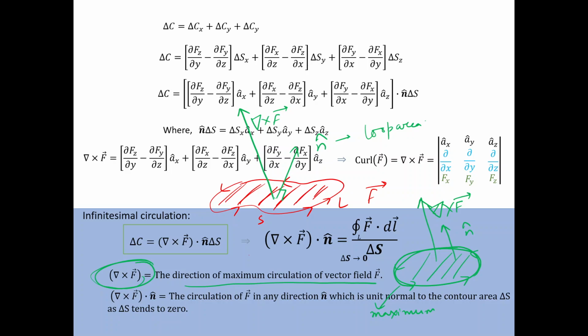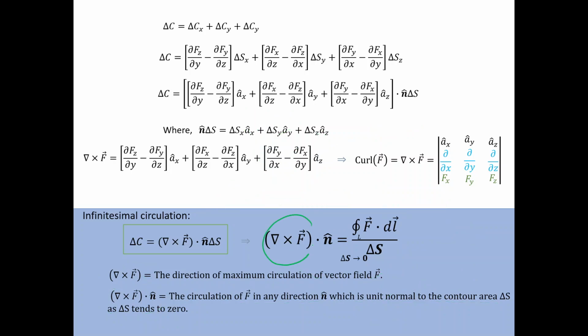In order to find out the circulation in a direction other than del cross F direction, we simply take the dot product, which is given by the circulation of F in any direction which is normal to the contour area del S as del S tends to 0. This particular definition.